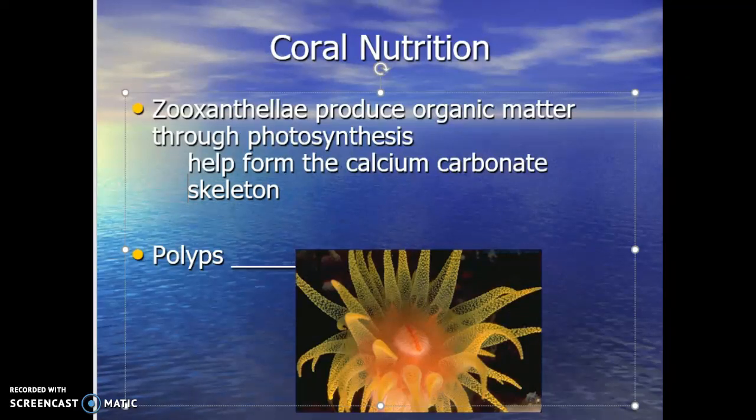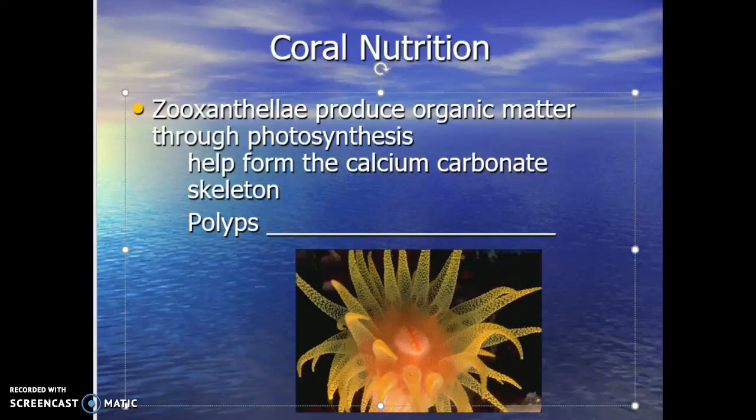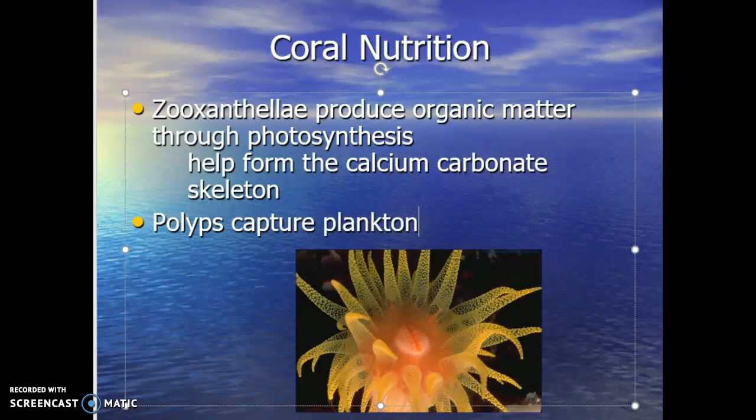Now the coral polyps, what they're responsible for is actually capturing food. Again, remember the polyps capture the plankton.